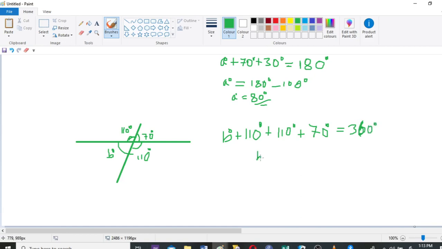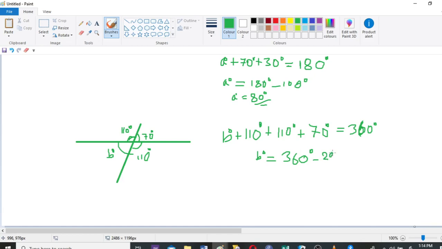So to find the size of this angle B, we will have 360 degrees subtracting what we've been given. We can just add directly: 110 plus 110 plus that 70, you are going to get 290.